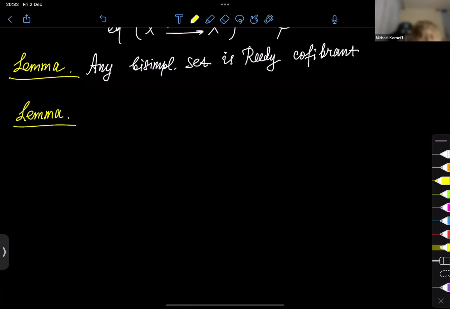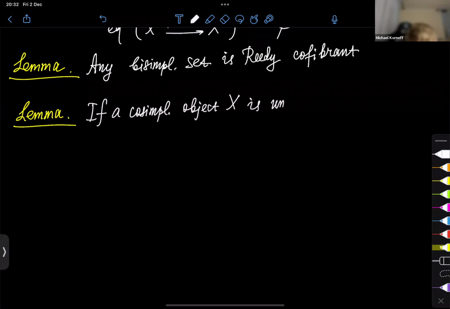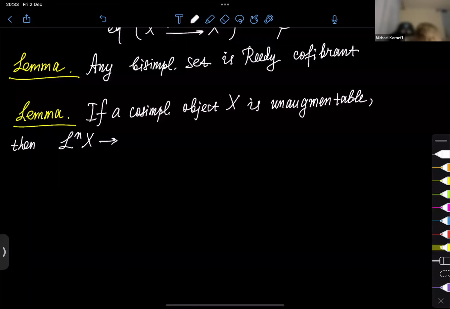Another lemma. If a cosimplicial object X is unaugmentable, then the Latching map is a monomorphism.